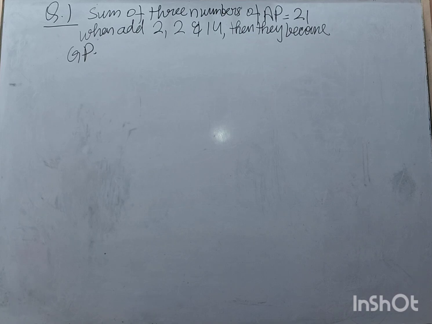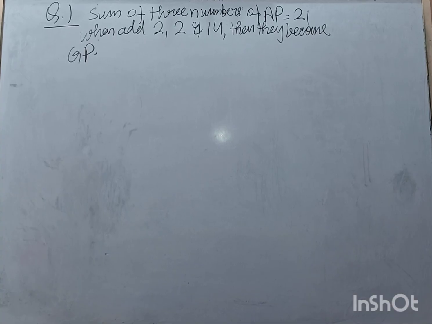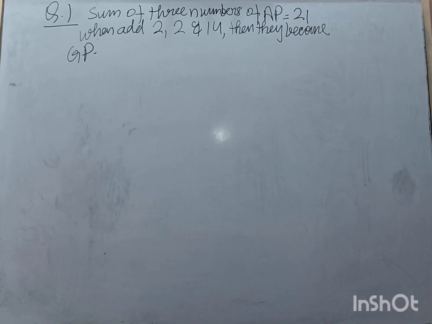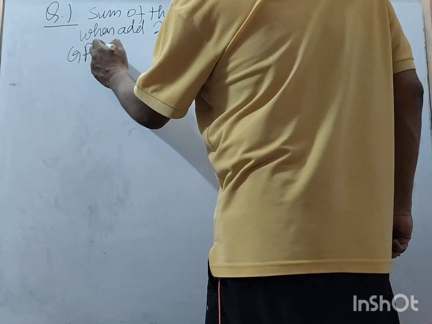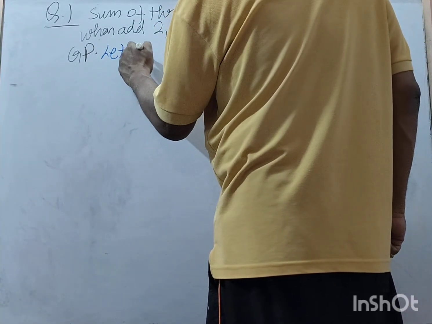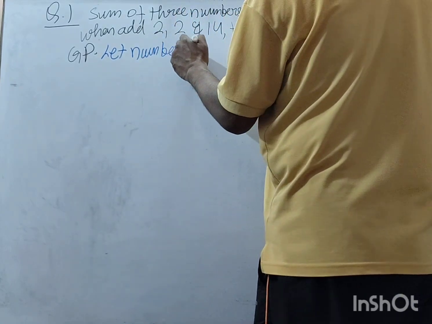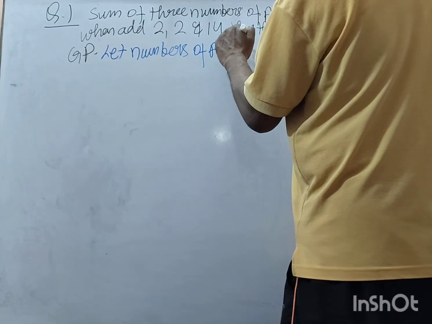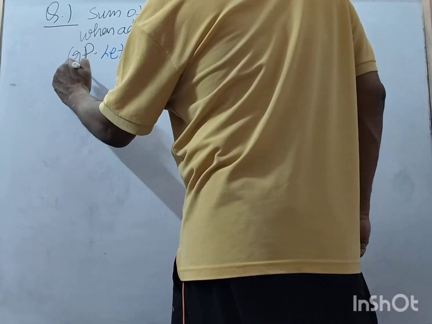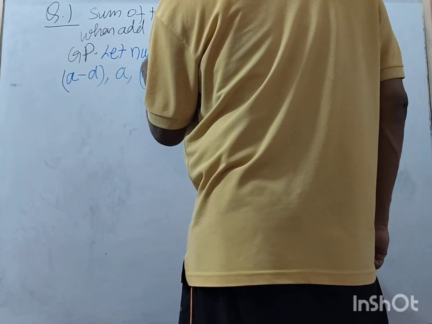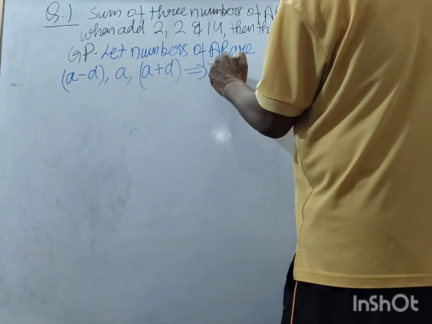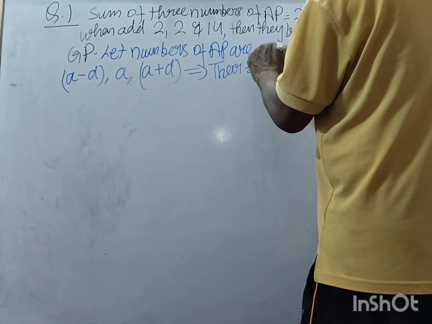Now let the numbers of the AP be a minus d, a and a plus d, and their sum is equal to 21.